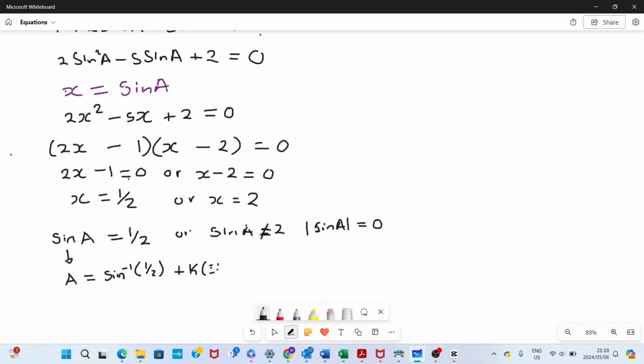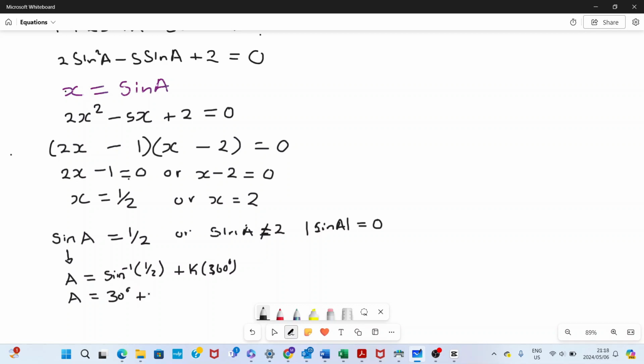times 360 degrees. Remember I said that the period of the sine graph is 360 degrees. So this is what you'll have, and if you would type this in your calculator, or you would know it since it's part of the special angles, this here arc sine of half would give you 30 degrees.